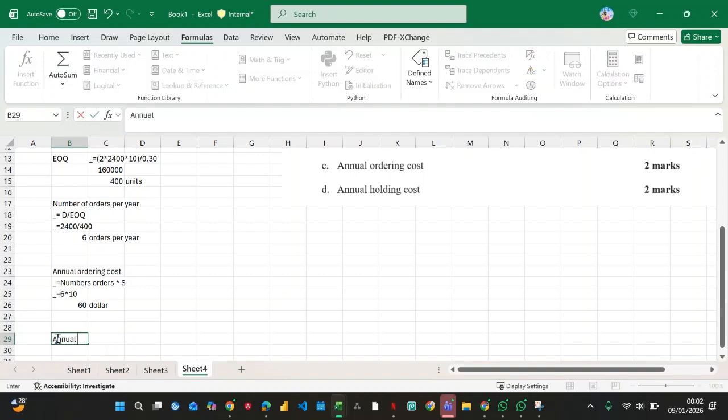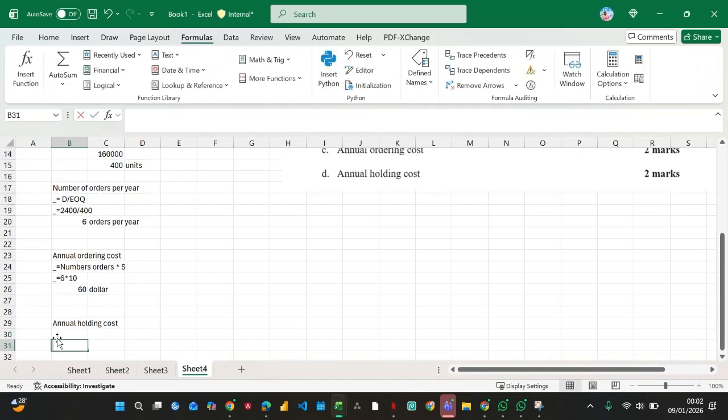So the last question is, what is the annual holding cost? The formula for the annual holding cost is supposed to look similar to this.